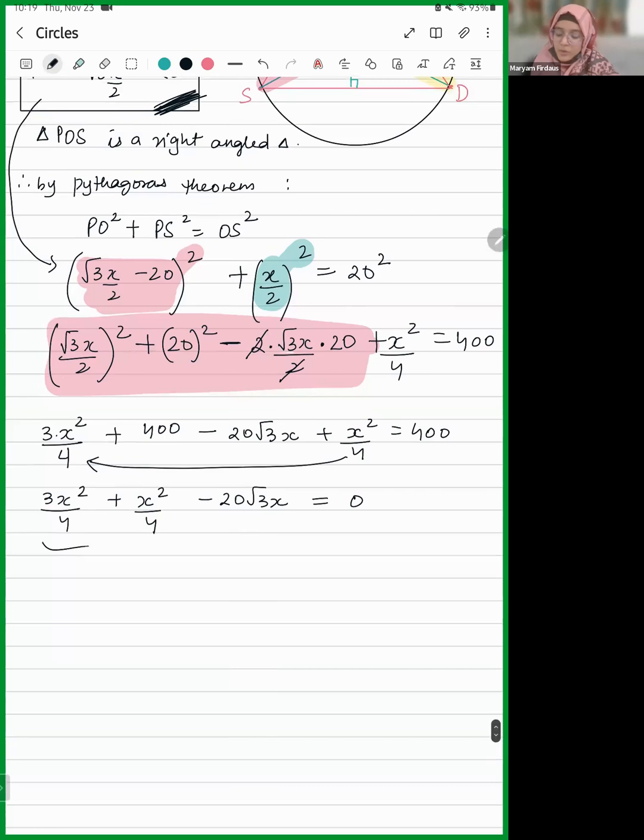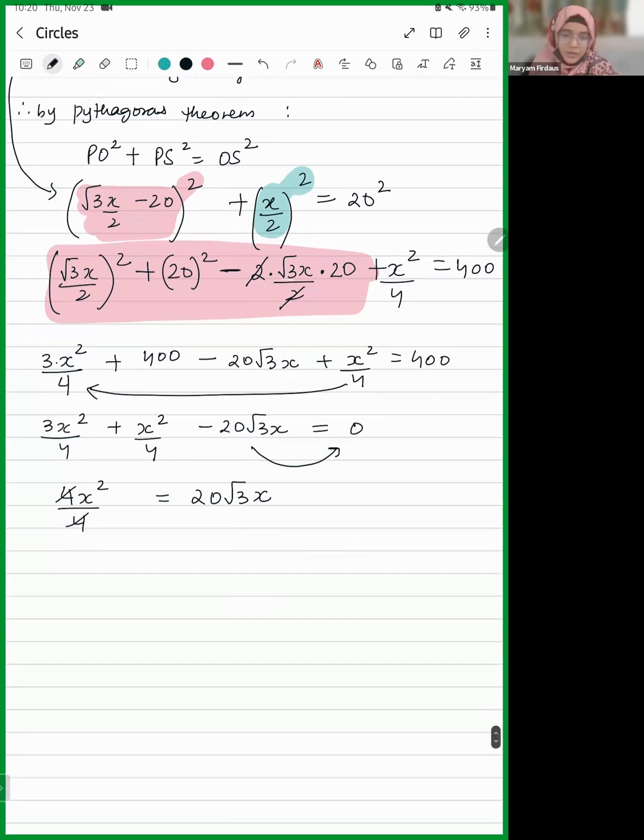Fine. So now we are going to just add up both of these because both of them are like terms. X square, like terms. So 3x square by 4 plus x square by 4 is nothing but 4x square by 4, which is the same thing as x square minus 20 root 3x. Now I'm going to send this over here, so it is equal to 20 root 3x.